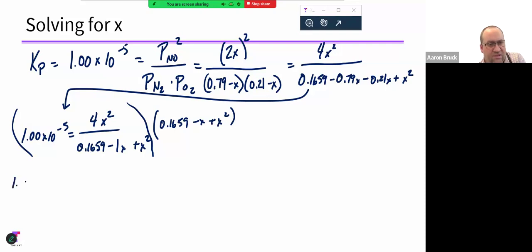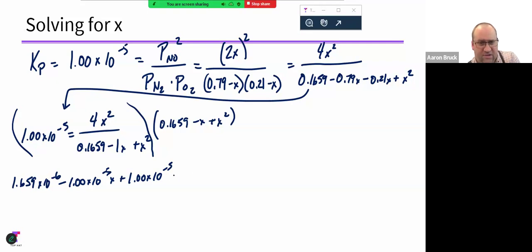So 1.659 times 10 to the negative sixth minus 1 times 10 to the negative fifth x plus 1 times 10 to the negative fifth x squared equals 4x squared.